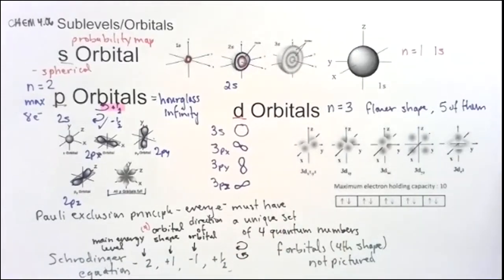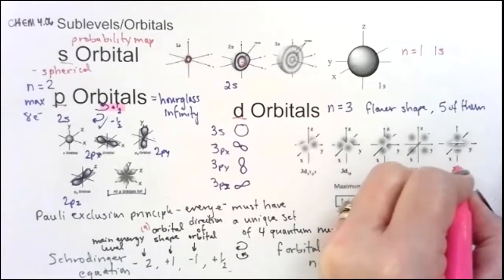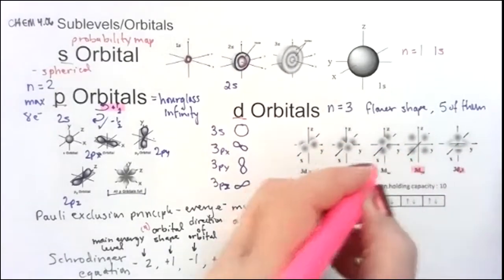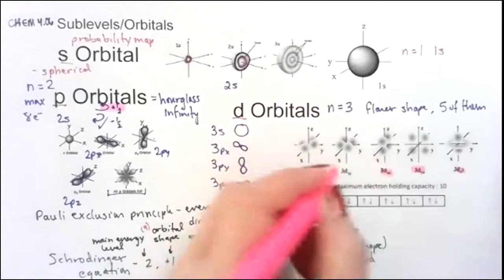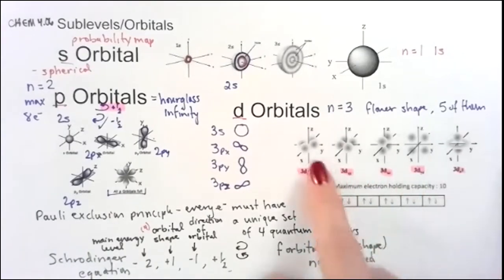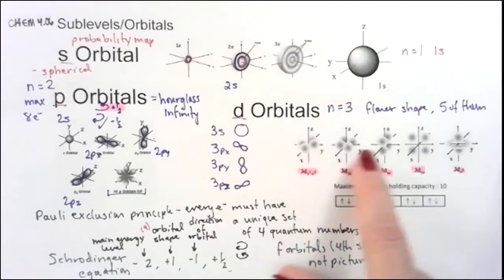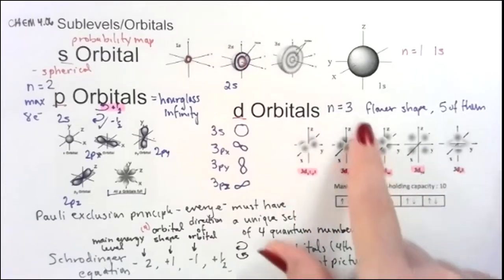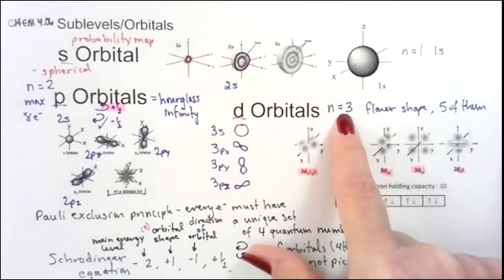The names are 3dz2, 3dyz, 3dxz, 3dxy, 3dx squared minus y squared. So it's getting really crazy. You don't need to know the shapes, you don't need to know the names, but you see how they're oriented in different directions. So n equals 3 would be the first quantum number.